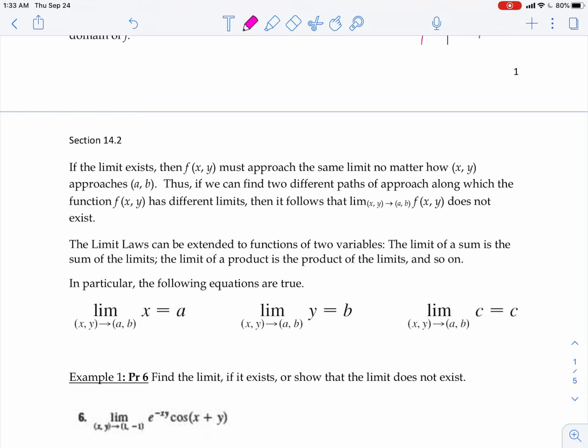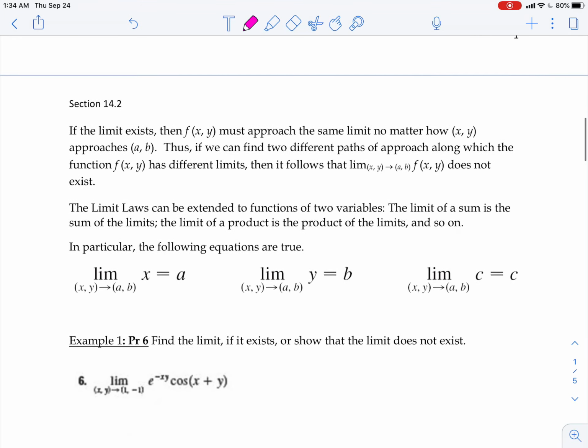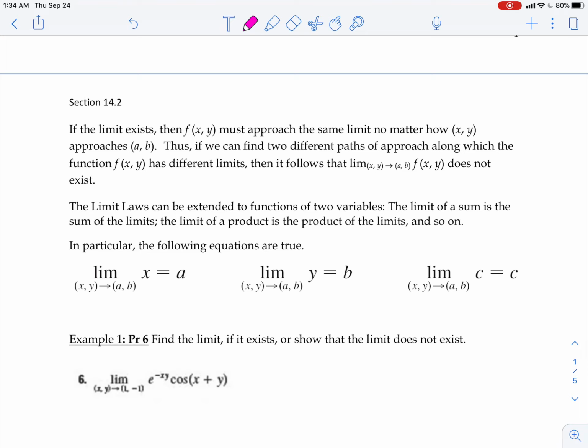For the limit to exist, our function of x and y must approach the same limit no matter how x and y approach a and b. Thus, if we can find two different paths of approach along which the function f of x, y has different limits, then it follows that the limit as (x, y) goes to (a, b) of f of x, y does not exist.